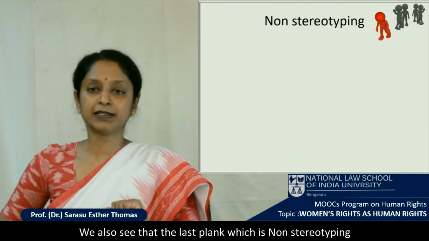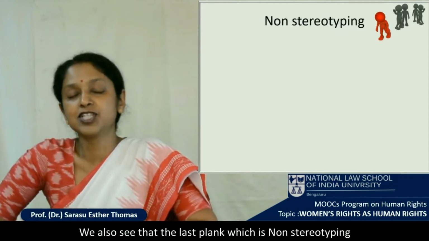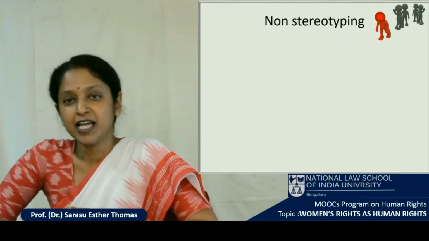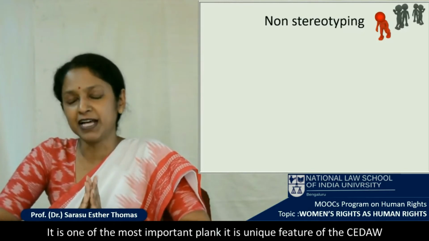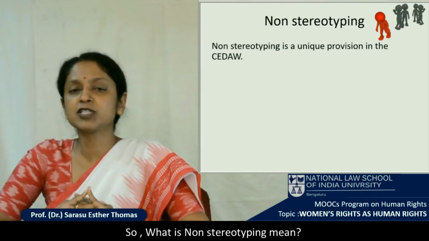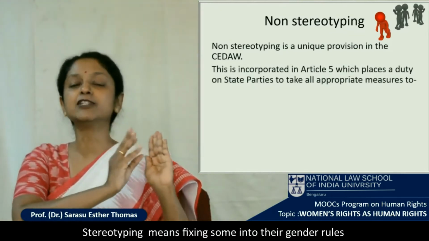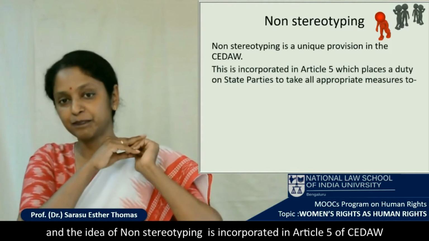We also see that the last plank, which is non-stereotyping, is one of the most important planks and a unique feature of the CEDAW. So what does non-stereotyping mean? Stereotyping means fixing someone into their gender roles.